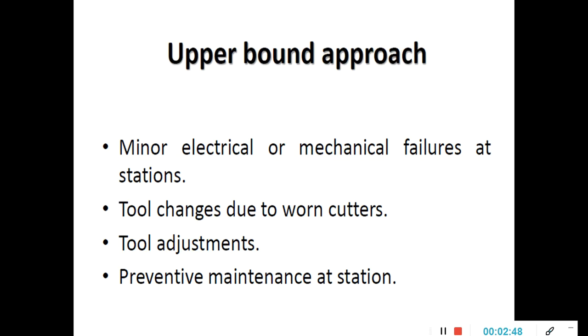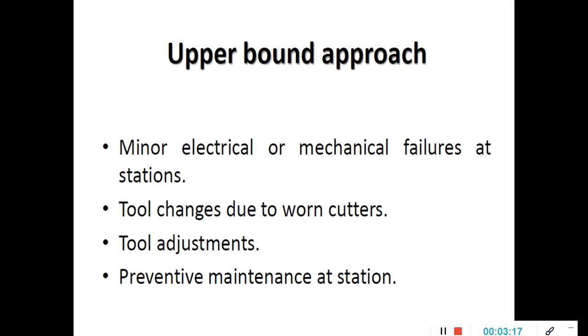Got the idea? In the upper bound approach, we assume that the work part is not removed from the workstation even though there is a breakdown, because the breakdown happens for other reasons. It may be a mechanical failure, an electrical failure, a maintenance problem, a tool getting blunt, or an automatic tool changer not working properly.